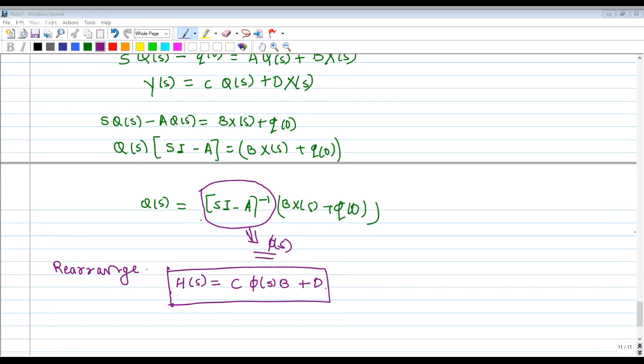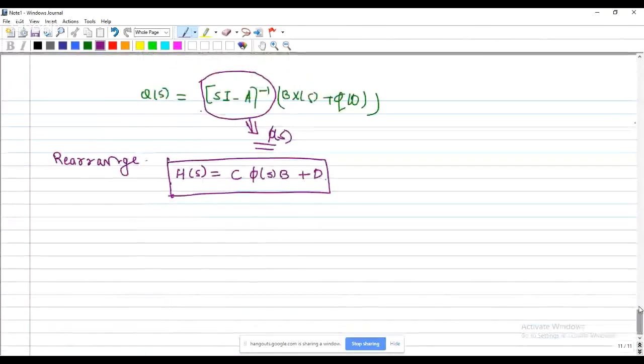So let us finish with the state transition matrix as well, and then we will take one problem, and it will finish up the continuous time state space. The state transition matrix is given as phi of t, which is equal to e raised to A t.